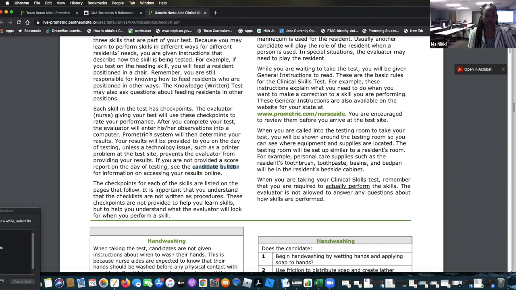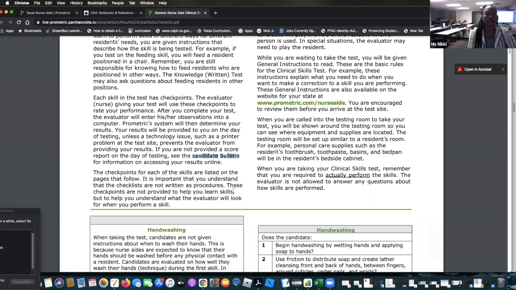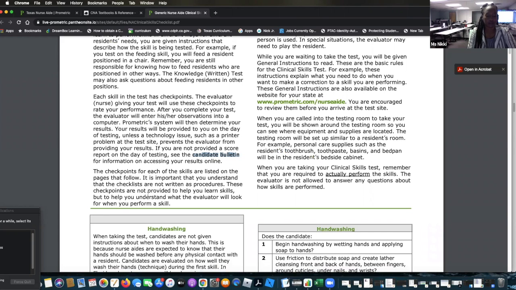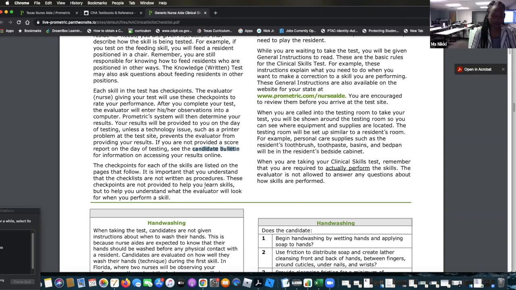The checkpoints for each skill are listed on the pages that follow. So we're going to look at these checkpoints. It is important that you understand that the checkpoints are not written as procedures. These checkpoints are not provided to help you learn the skills, but to help you understand what the evaluator will look for when you're performing the skills. So to say, you don't just have to do the checkpoints.